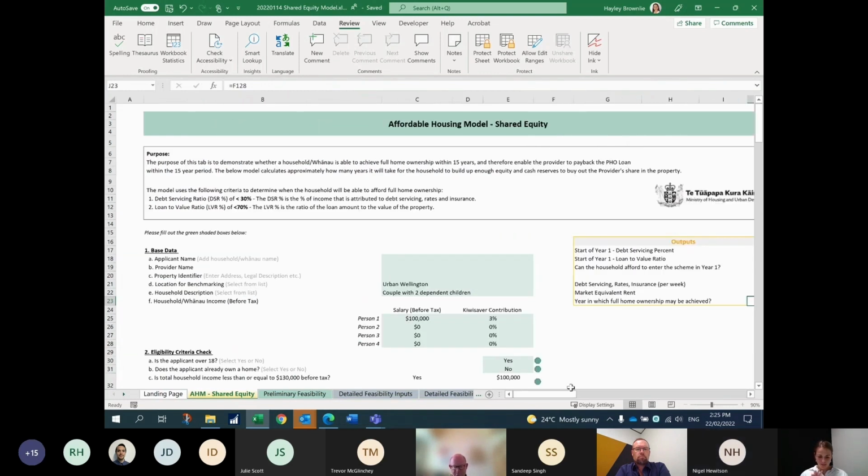So as a bit of a summary, we think this page could be used for two functions. The first is to test a common income level amongst a group of households to determine whether that group would be suitable for what is proposed, or to replicate this page by copying it and using this page to assess individual households on an individual basis.